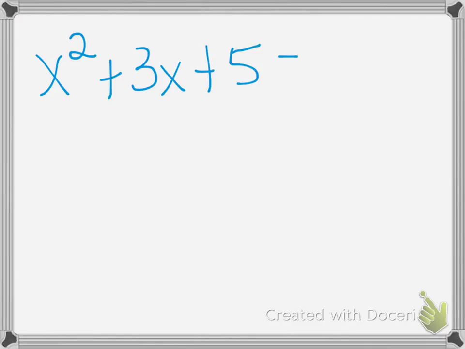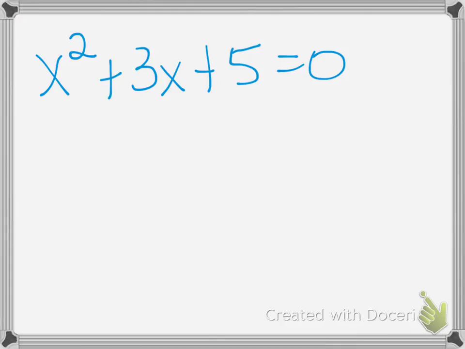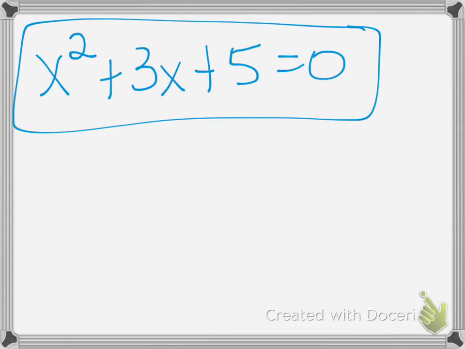And C was 5, so I'm going to have plus 5. Now, if any of these were negative values, which this just didn't happen to be, then it'd be minus those numbers there. And that then gets me my quadratic equation in standard form. So this wraps up solving quadratic equations using the quadratic formula.